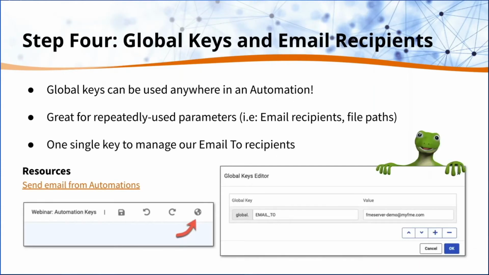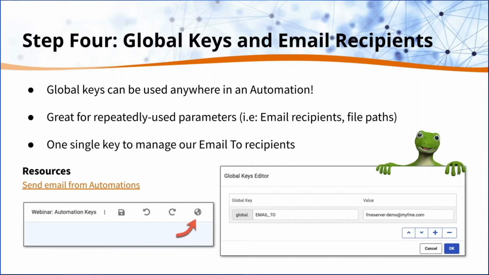And the next step in our demo will involve global keys. So instead of manually entering our repetitive parameter values and our automation actions, we're just going to use global keys instead. So global keys are fantastic for reusable values since they can be used all across an automation, and the key value is managed in a single location, which is the global key editor as shown in the bottom left screenshot.